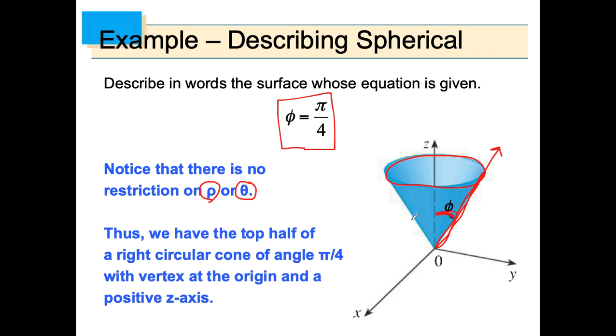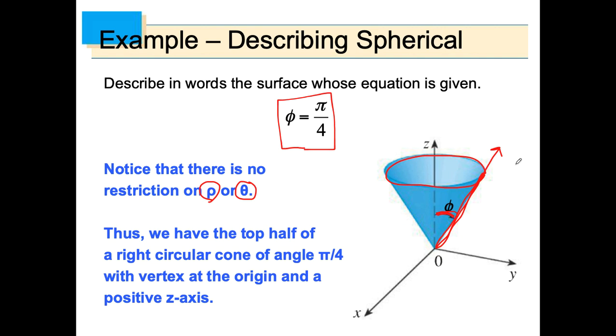This cone does go on forever, but obviously we wouldn't be able to draw that. We just draw it and cap it off somewhere to simplify our lives a little bit. But abstractly, this thing goes on forever and represents a cone, specifically the top half of a right circular cone.